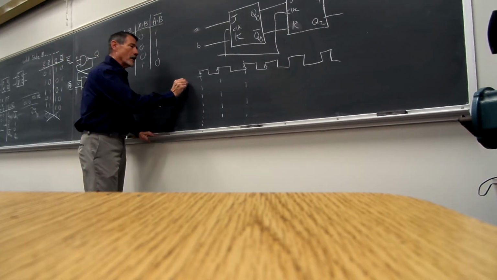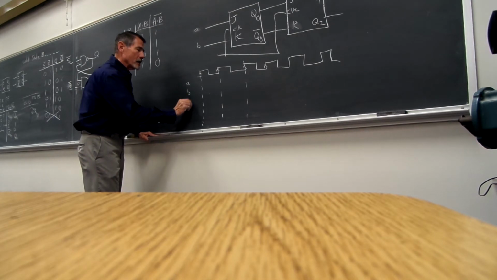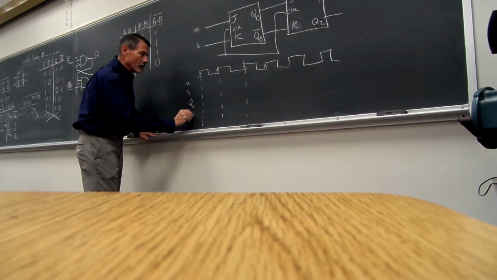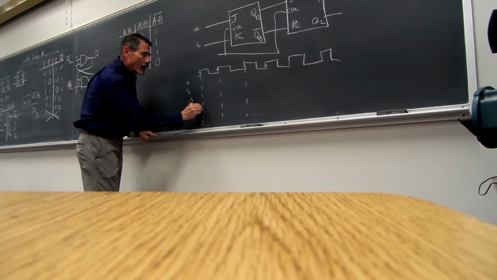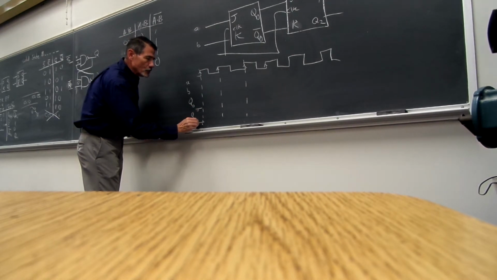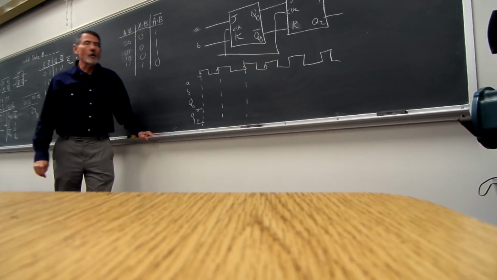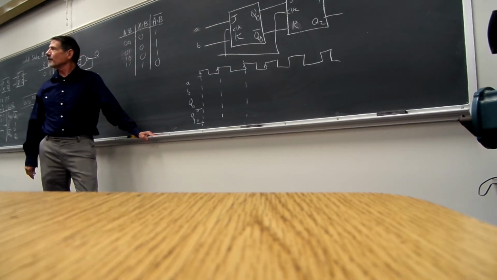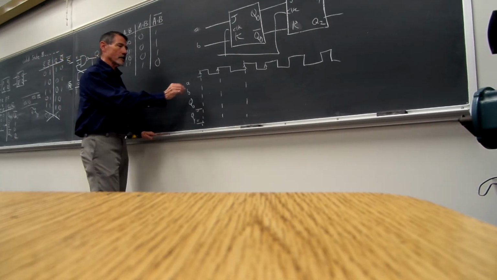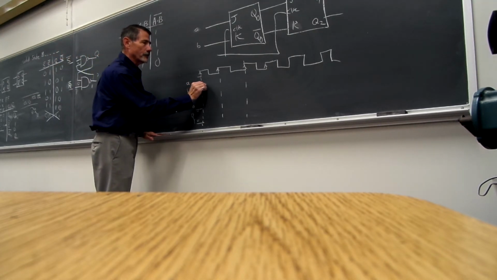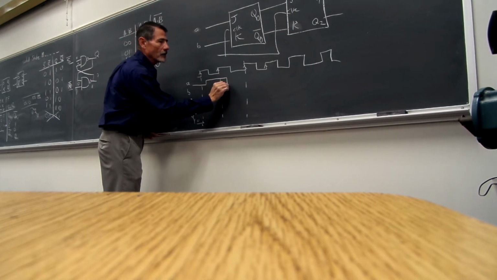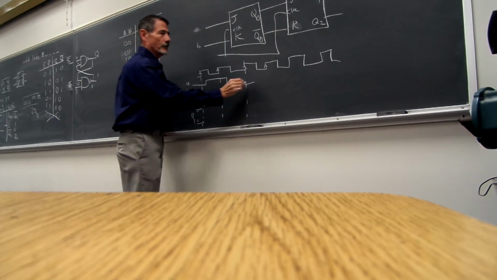So I'm going to put my A and my B. Here is Q0 and here is Q1, and I'm going to say that Q0 and Q1 are both at the first zeros. Okay, so let's come up with some arbitrary waveform here.